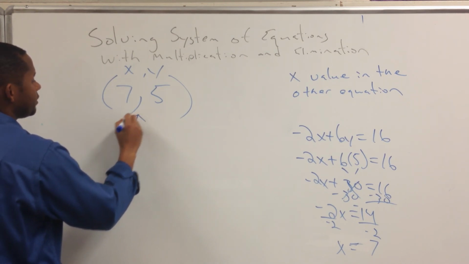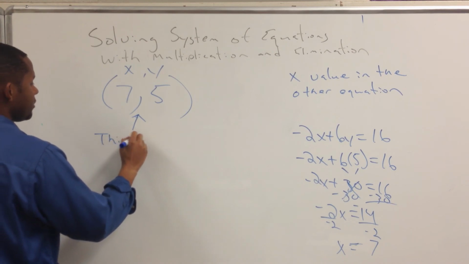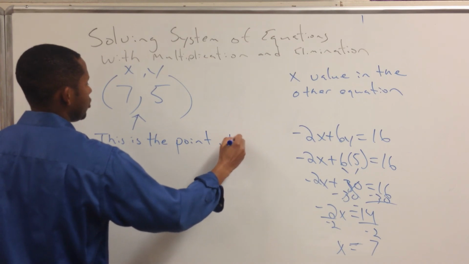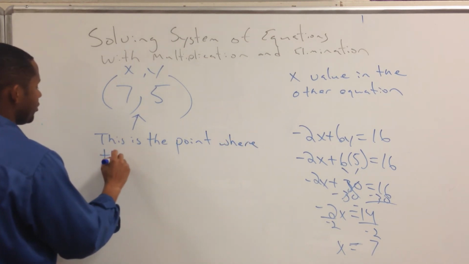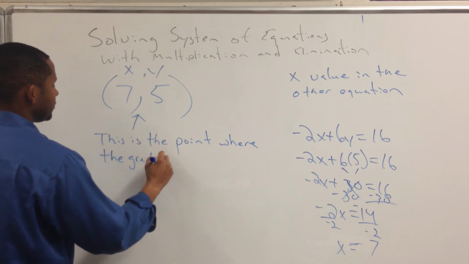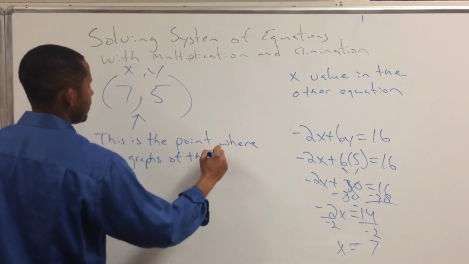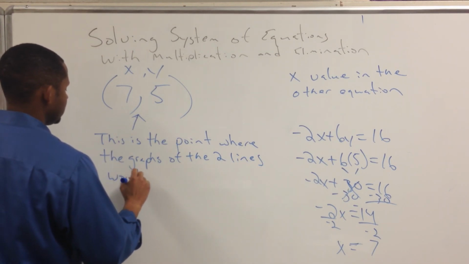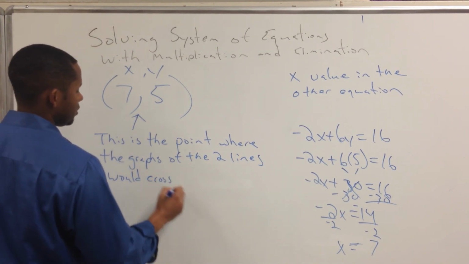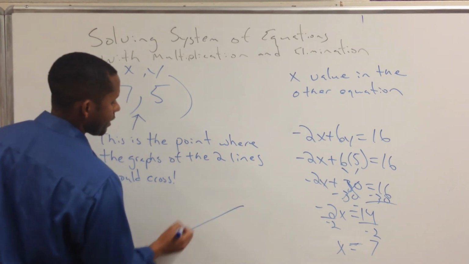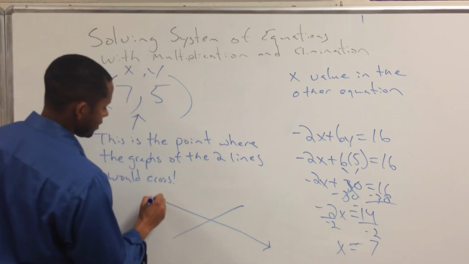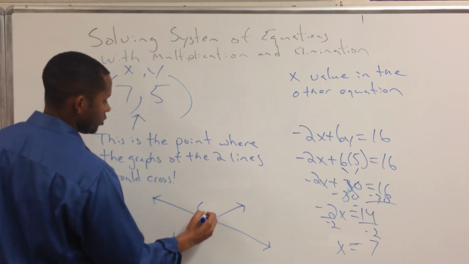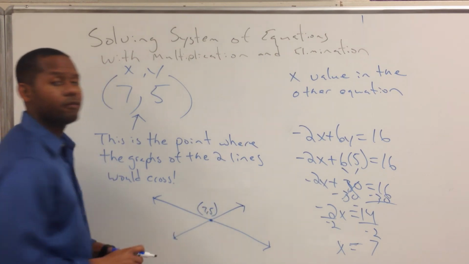And just put an arrow here that says this is the point where the graphs of the two lines would cross. Right? So if I graphed those two lines, hypothetically, this point where they crossed would be 7, 5.